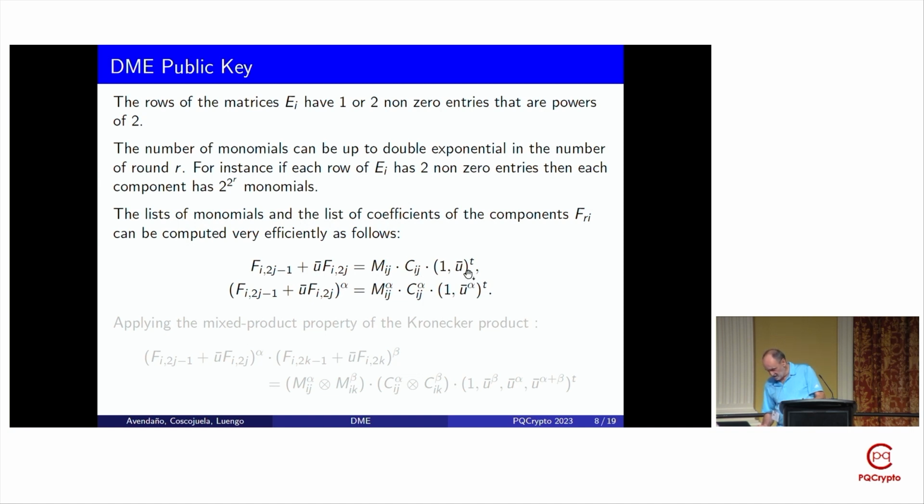Then when we multiply two exponents in every line, using the mixed-product property of Kronecker, we get that the monomials are just the Kronecker product of these two monomial matrices, and the coefficients are the same. So this gives a very, very efficient algorithm to compute it.